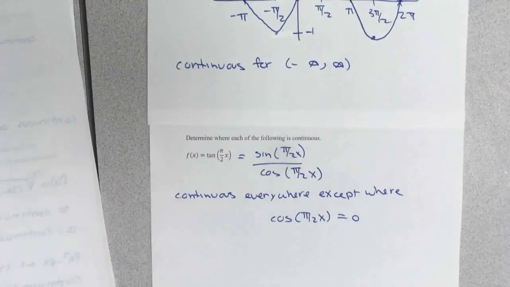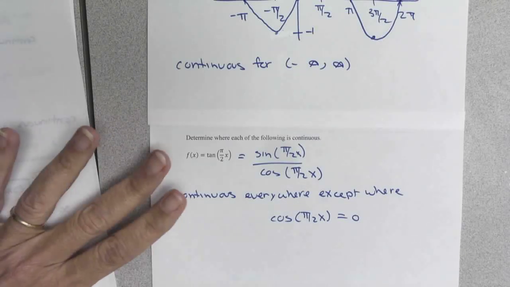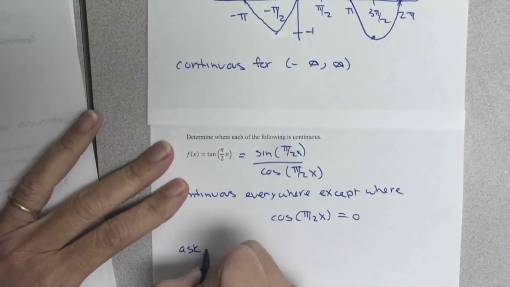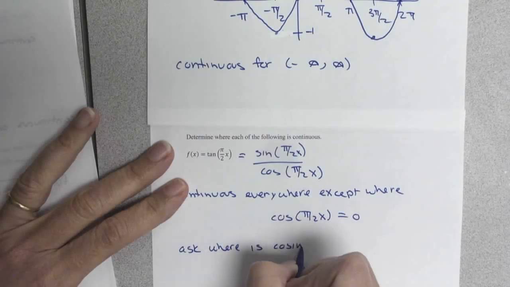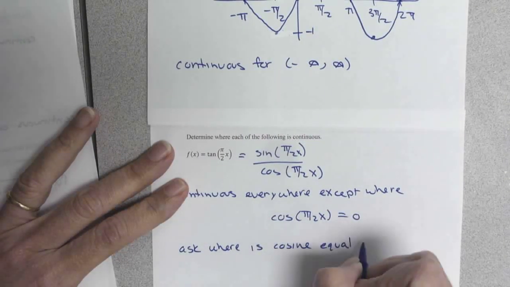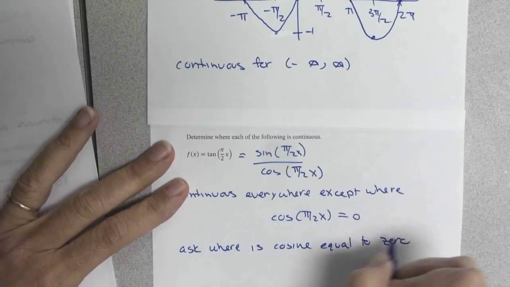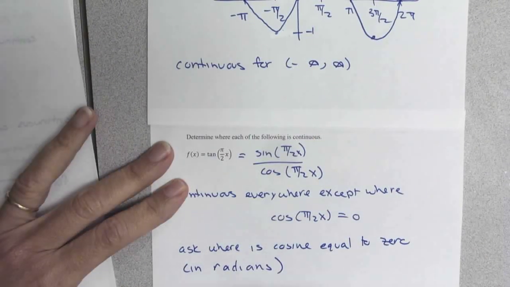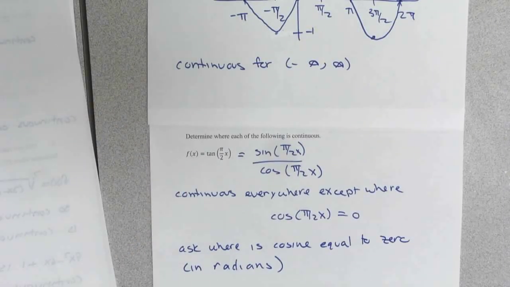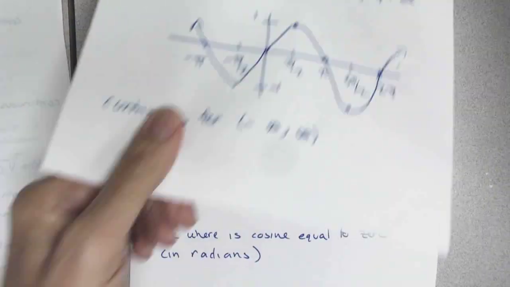Okay, solving this. So trigonometry time. You're thinking backwards and asking yourself, where is cosine equal to 0, in radians? Calculus is done in radians.